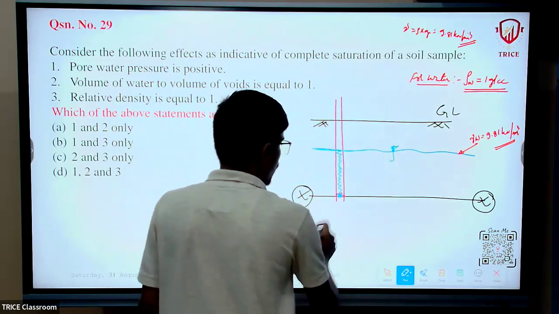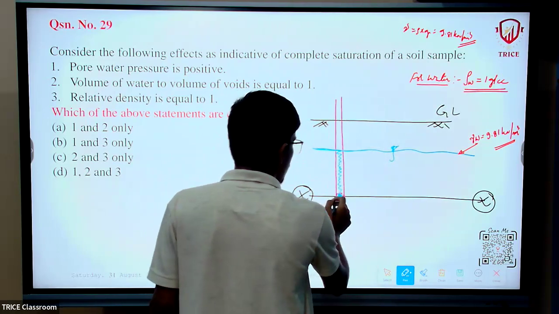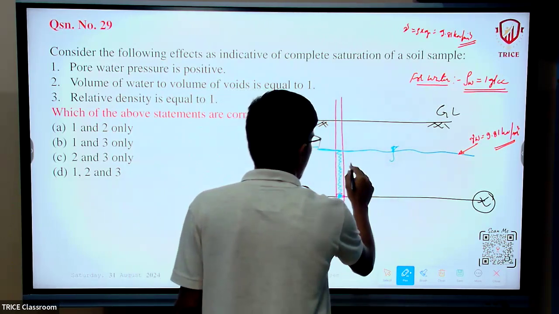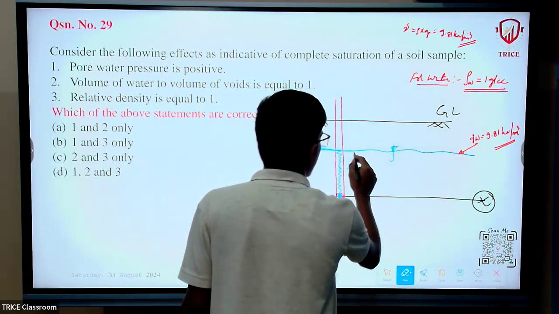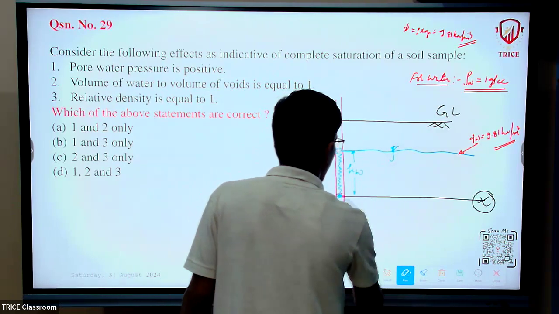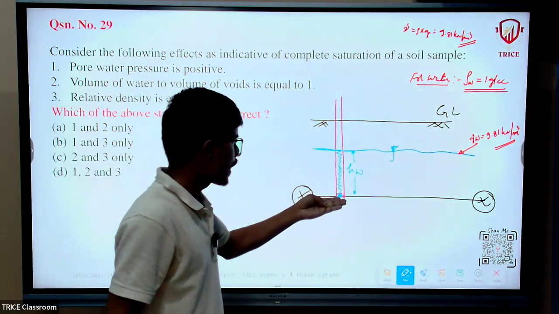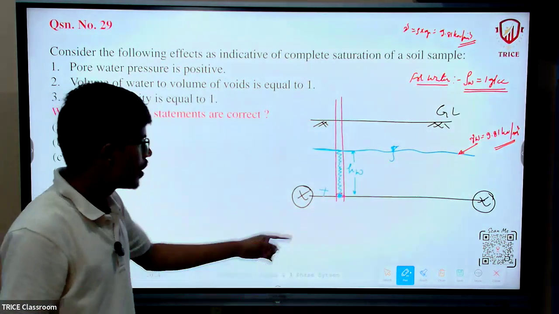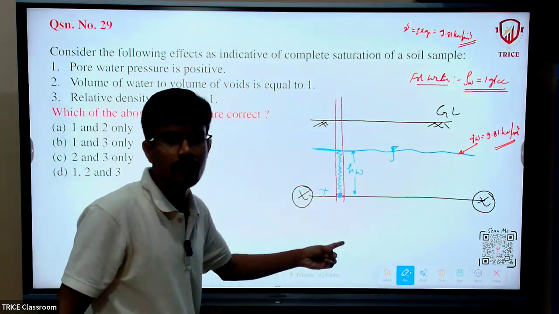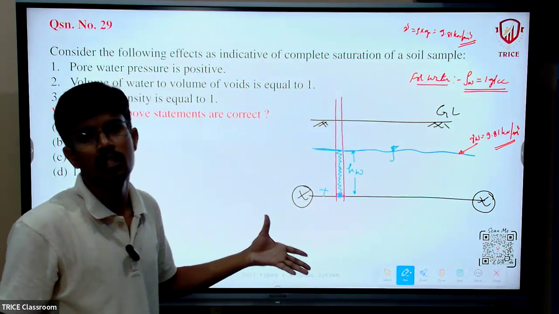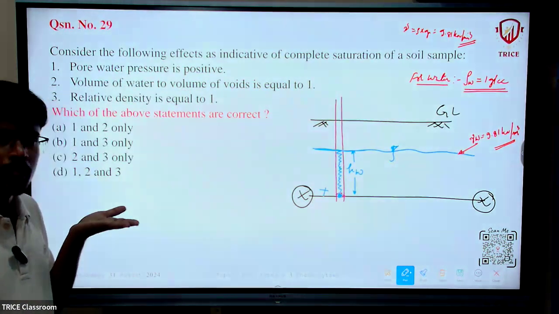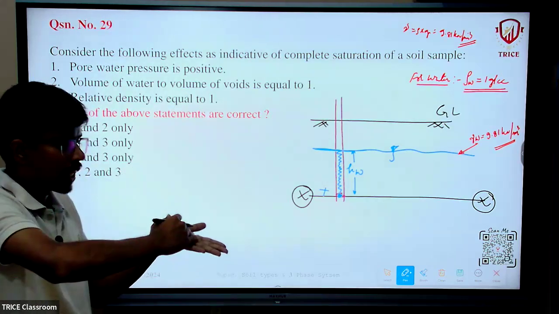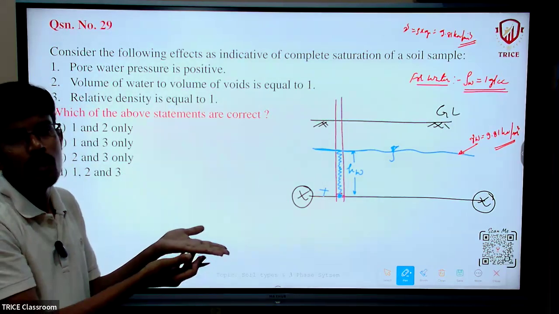We want the pressure at this point X, and if you insert the piezometer or standpipe, water will rise to a certain elevation. That will be the head of water. With respect to the point, if it rises, we call it positive, and if it falls, we call the pore pressure negative, right? For this particular level, if it lies above it will be positive and below it will be negative, and that we call vacuum pressure.